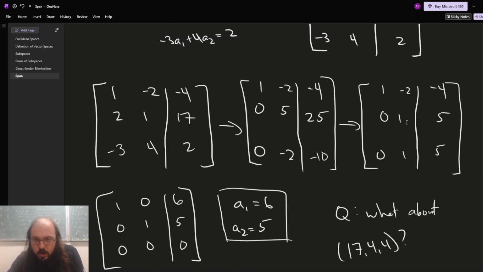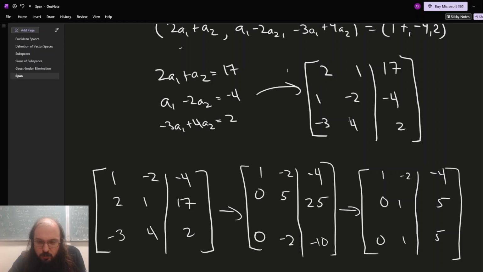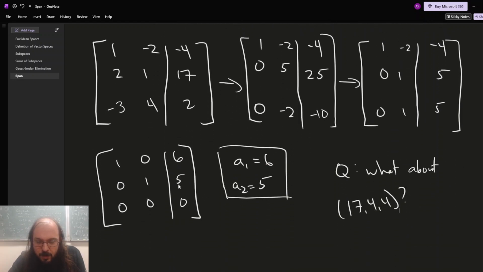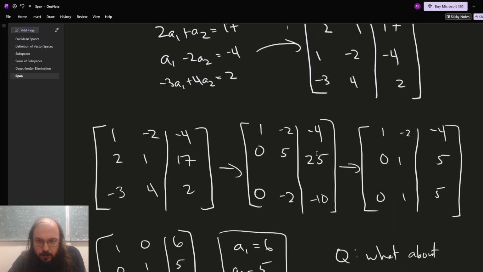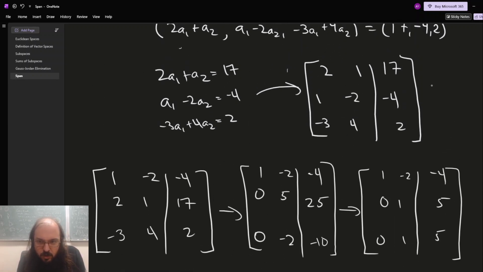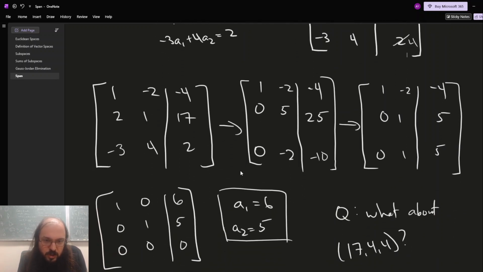The first thing I want you to notice is every step of this calculation was motivated entirely by what's on the left here. The numbers along for the ride are going to tell me the answer when I'm done, but all the math that I did was looking only at the left part. And so if I change this thing over here to a 4, this changes to a 4.